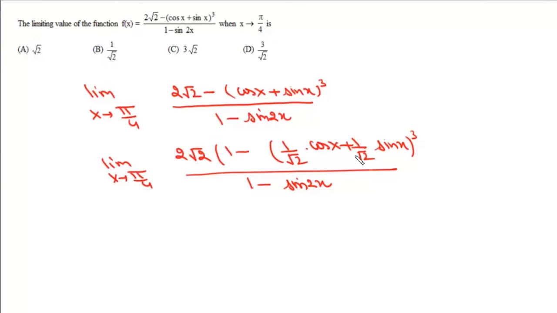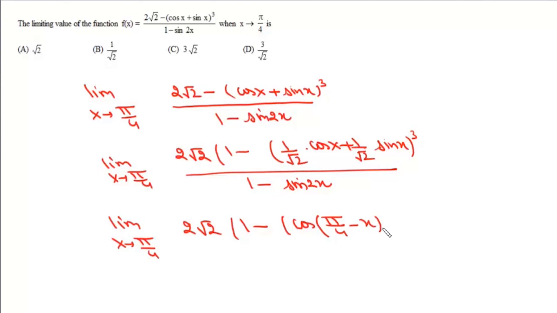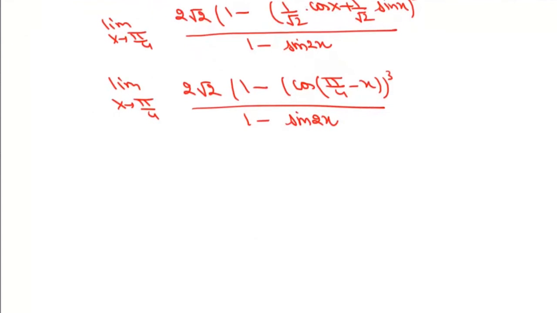Now this is cos A cos B plus sin A sin B, so it will be cos(A minus B). So we can write this as limit x tends to pi by 4, 2 root 2 (1 minus cos cube of (pi by 4 minus x)) upon 1 minus sin 2x.